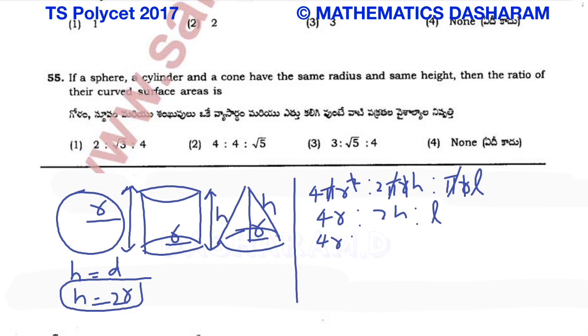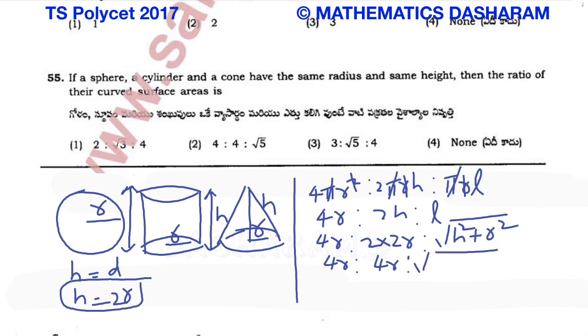So 4r is to 2 into h value, how much? 2r. So 2 into 2r, and l means the formula root of h square plus r square. So 4r is to 2 into 2, 4r is to h value 2r.